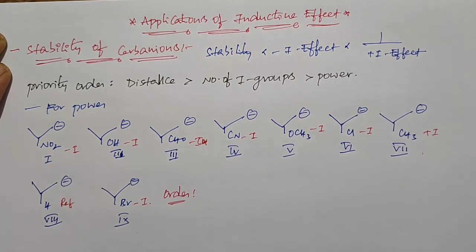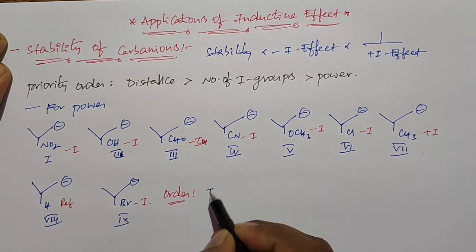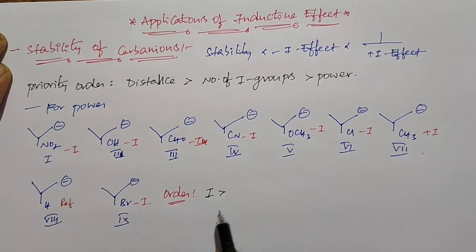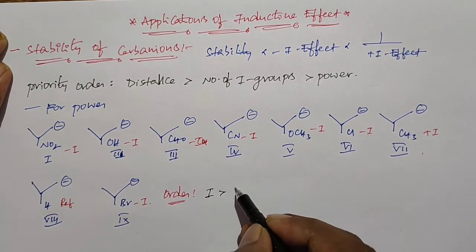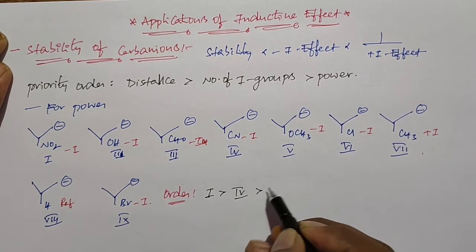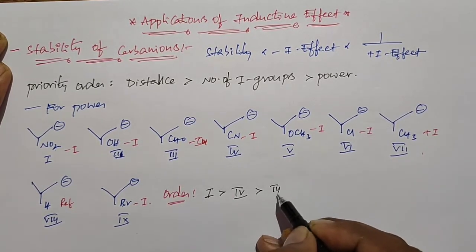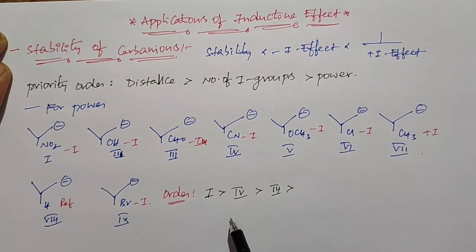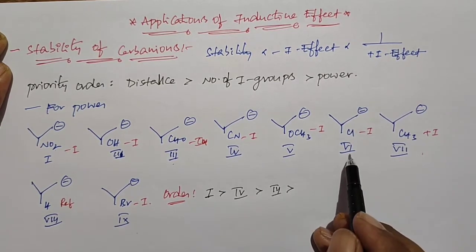The first structure has the NO2 group, which has maximum minus I power, so it is highly stable. After that, the cyano group has the maximum minus I power after NO2. Next, the fourth one, and after the aldehyde we get the third one. After the aldehyde, we need to take the halogens.